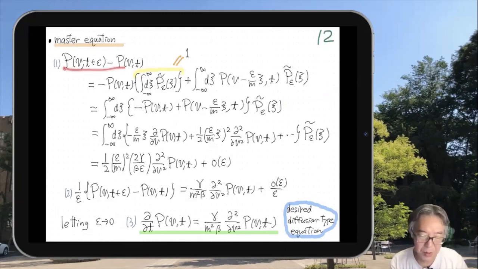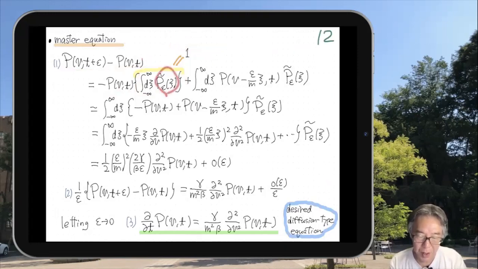So this is the corresponding master equation. Again, this is a difference of the probability densities, and here this is the escape part. Your velocity is v at time t, and now it escapes to v plus epsilon over m psi, and you integrate over this psi.